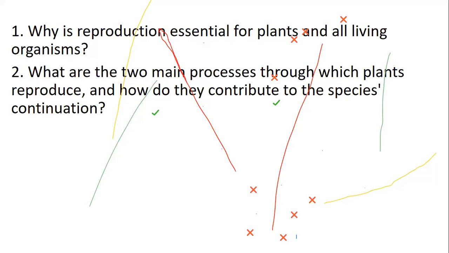Okay, from what I understood, you say that asexual reproduction is the type of reproduction that does not involve the fusion of gametes. Yeah, that's what I remember. Okay, that is one of the things I have said. What else did I say? Claire?